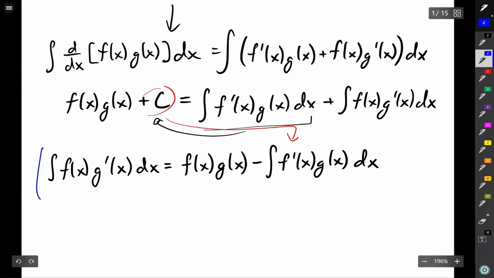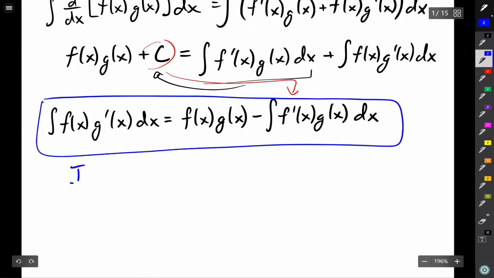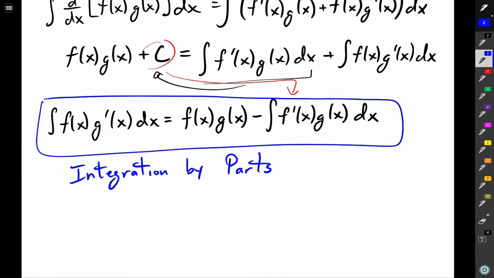So this right here is what we call integration by parts. All right. What we're sort of doing is integrating these two functions separately in some sense. Like here, we integrate the g, and that gives us this term, but then we get this new integral where, in some sense, we have to integrate the f.